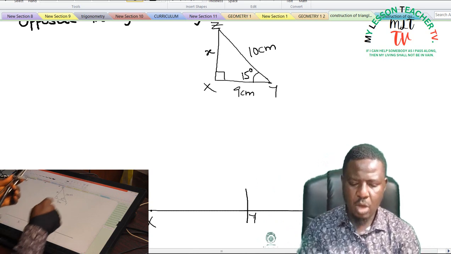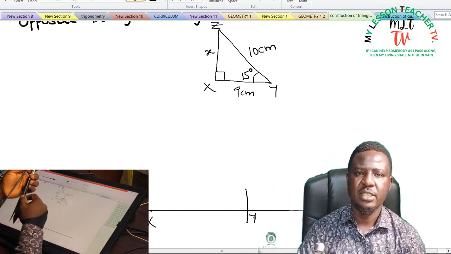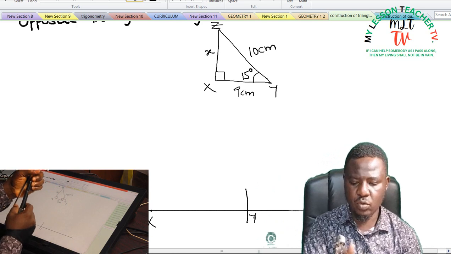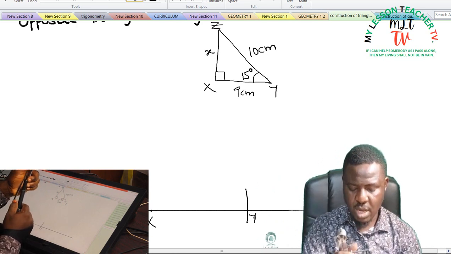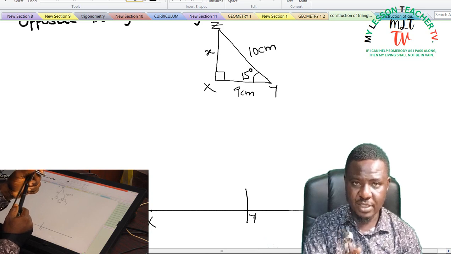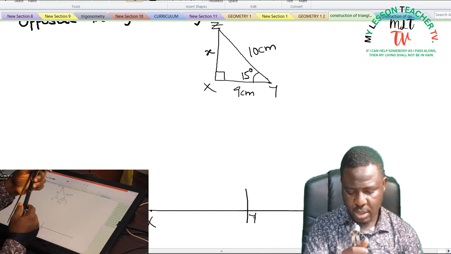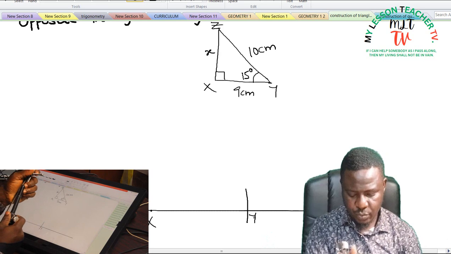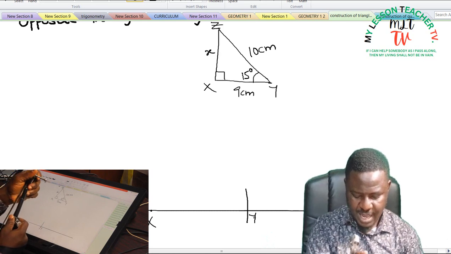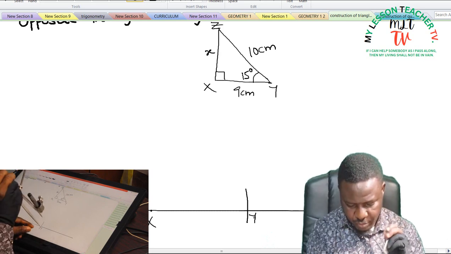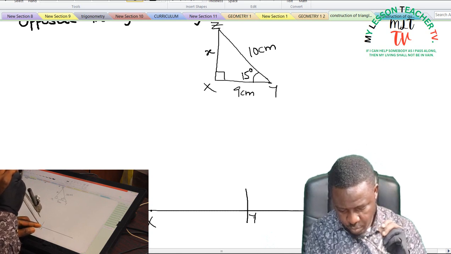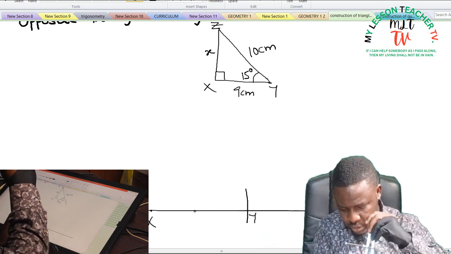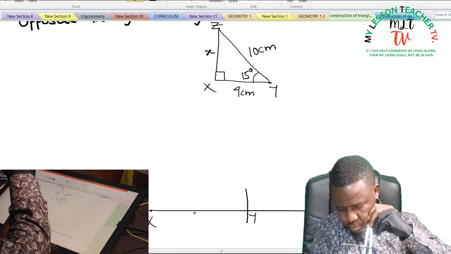Now, how do I construct angle 15 degrees? Since angle 15 degrees is a special angle, I'm going to construct it. Otherwise, you can use your protractor and construct angle 15 degrees. So how do I do that? With Y as center, and any convenient radius, construct a semicircle. So this is going to be my semicircle.